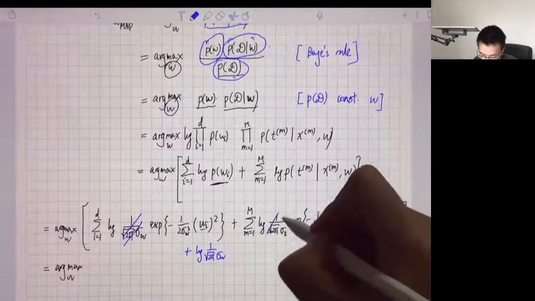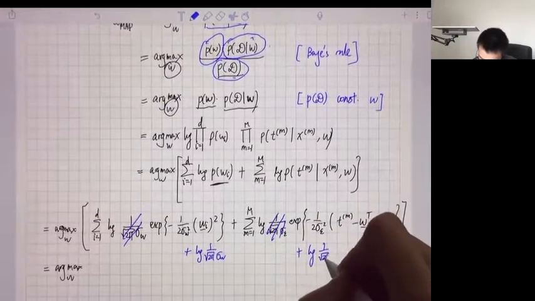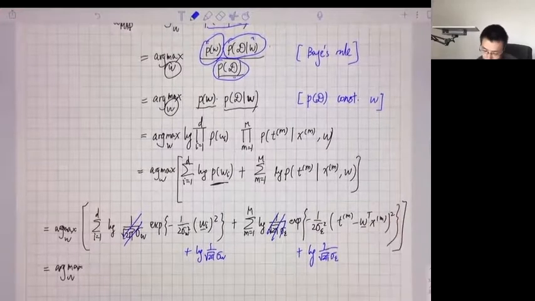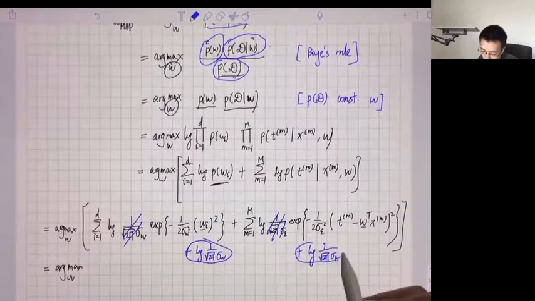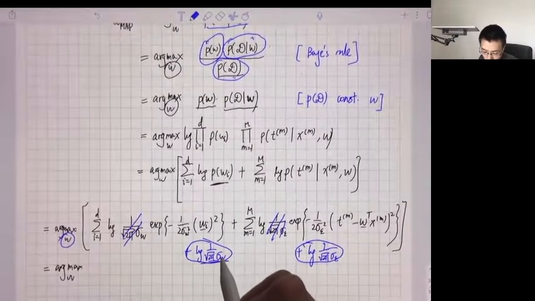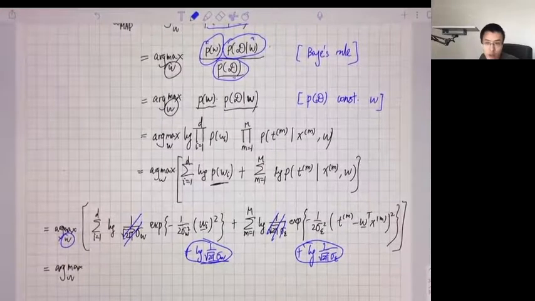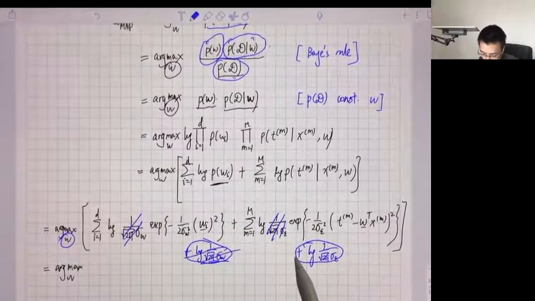And likewise, if I remove this term, it gives me the additive constant, and we are optimizing over W, but here we don't have W. Sigma W, I just denote the variance of sigma. It's a constant, it's not a function of W, okay? So here I don't have any W, so I can just drop these two terms.